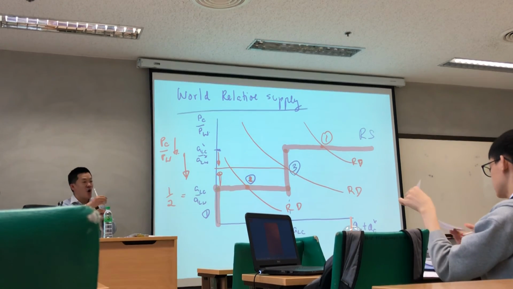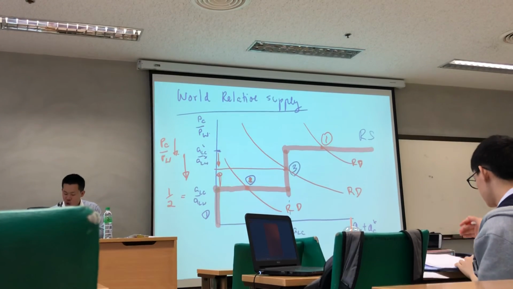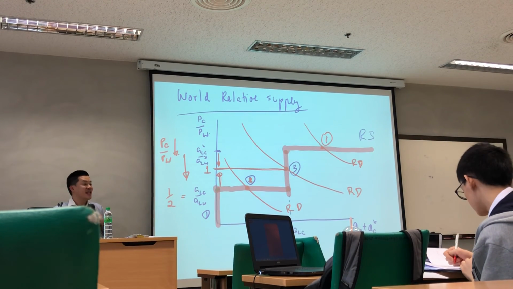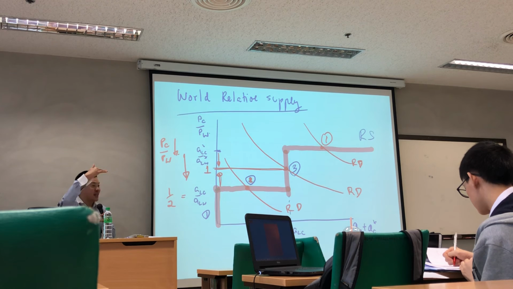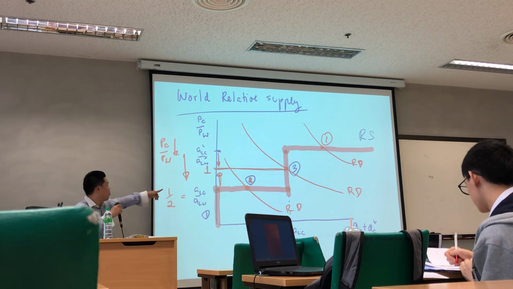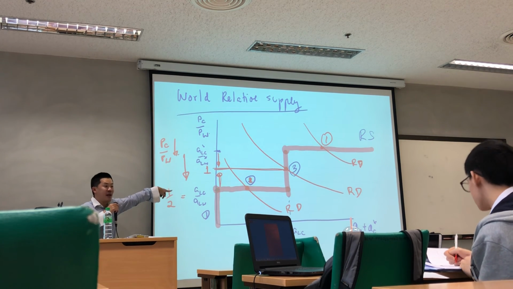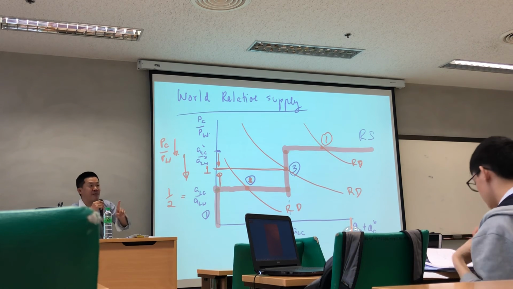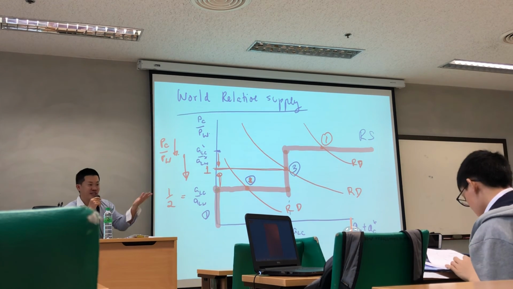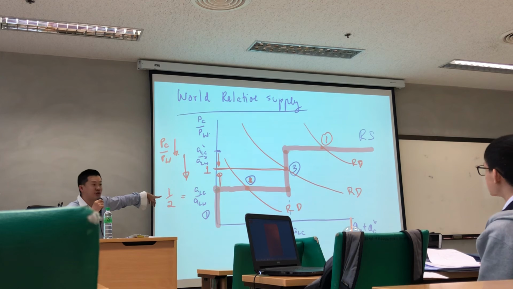Okay, let's assume the world price is 1. World price 1. PC over PW is 1. Assume it's 1, greater than 1 over 2.